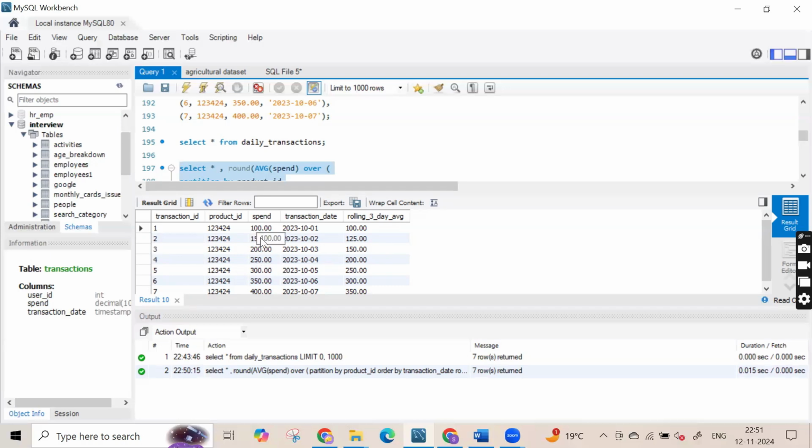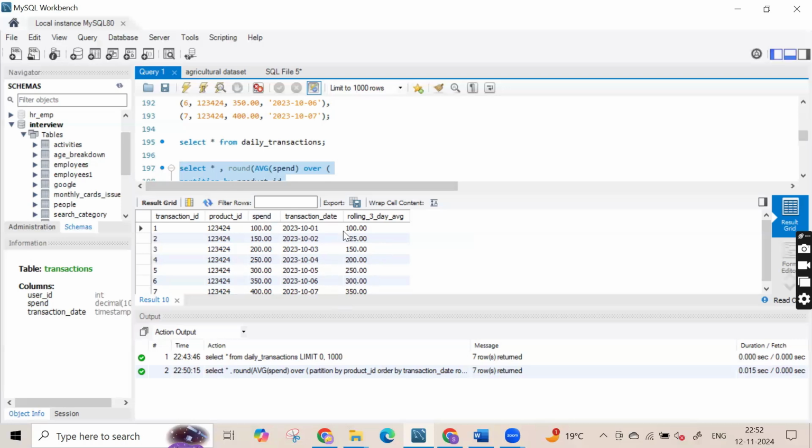In the first case you are taking these three values here, and now in this case you are taking 150 plus 200 plus 250. So 250 plus 150 becomes 400, and plus 200 is 600. That's why you see 200 here. Okay, then you again take the three values here. So 300 plus 200 plus 250 divided by 3 is 250. So this is how it will now go on.